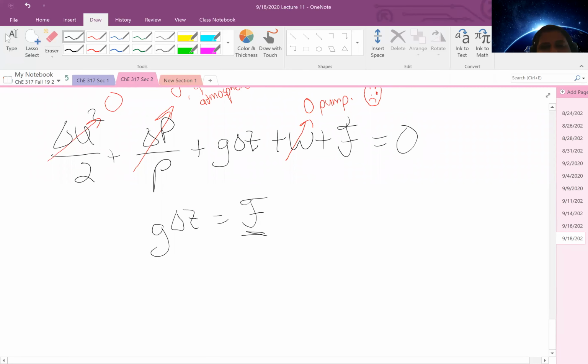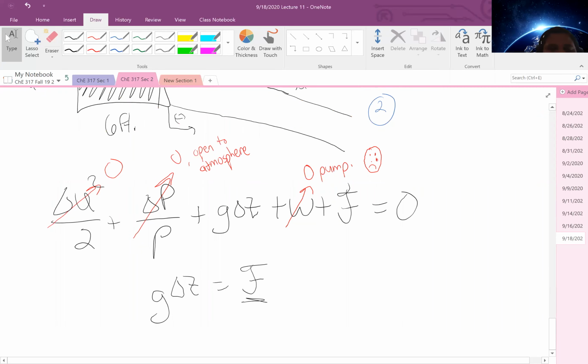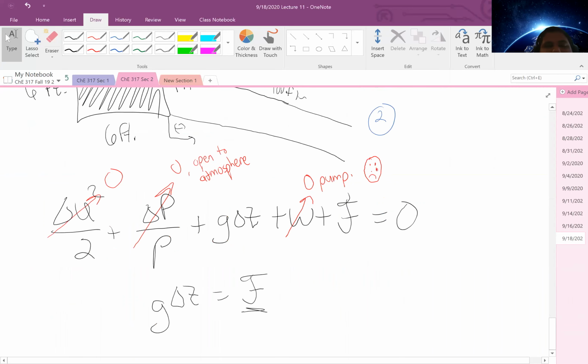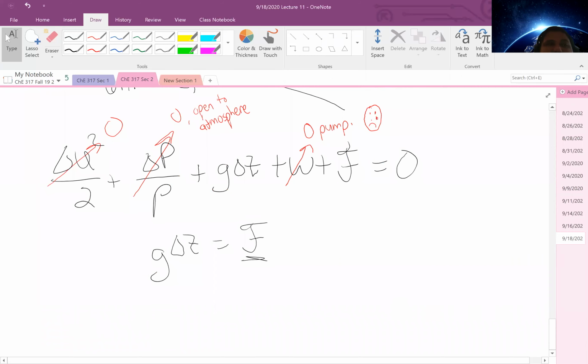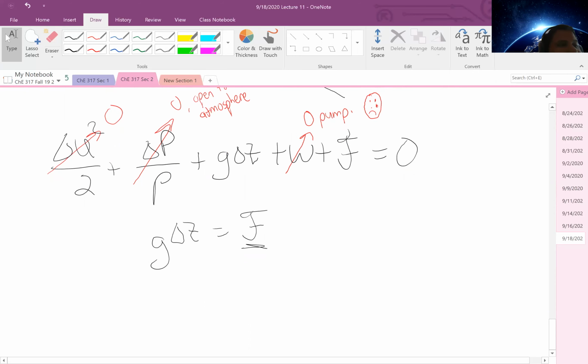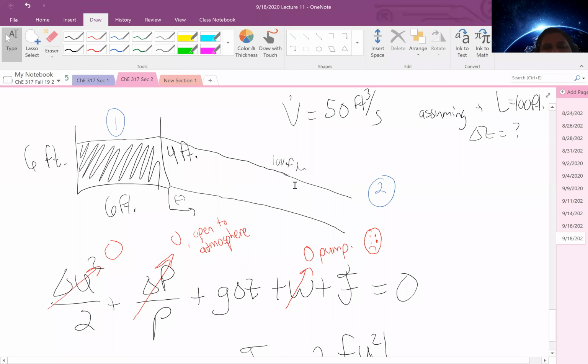So with it being 50 cubic feet per second, I'm going to assume that it's going to be turbulent flow. That's a little fast, I would guess. And so I would say this frictional dissipation is going to be of the form 2F U squared L over D, but now once again, I made it hard in that we have to look at our effective diameter.